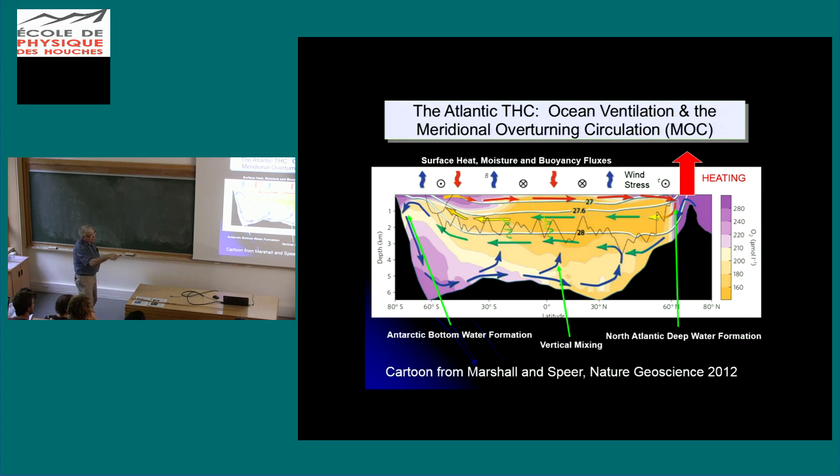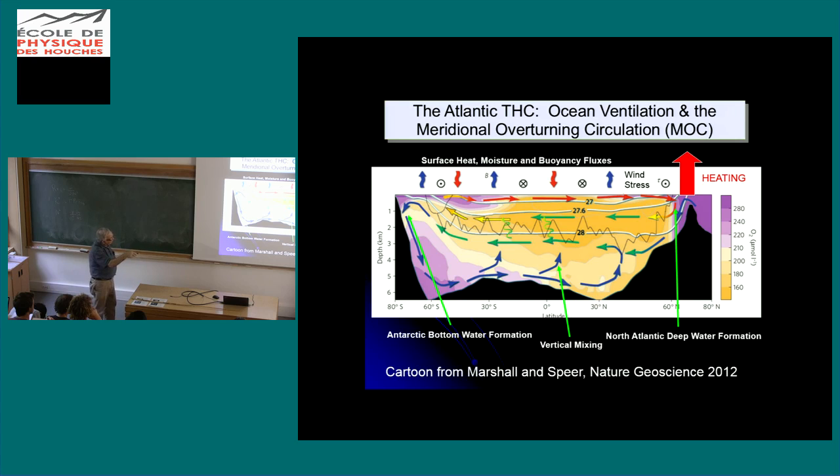So this is a two-cell structure that we're going to look at the time dependence of, which consists of a shallower North Atlantic deepwater cell, which forms under modern conditions in the Greenland, Iceland, Norwegian seas. Water sinks into the abyss over the sill, and to the south, upwelling again in the Southern Ocean.